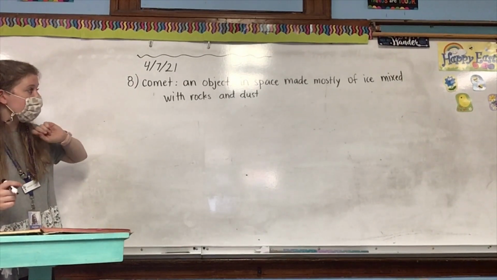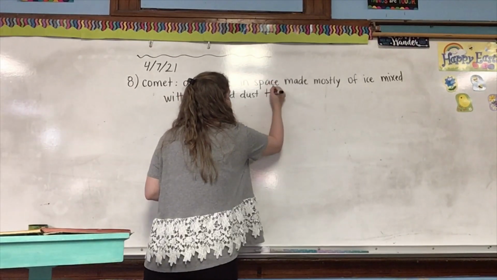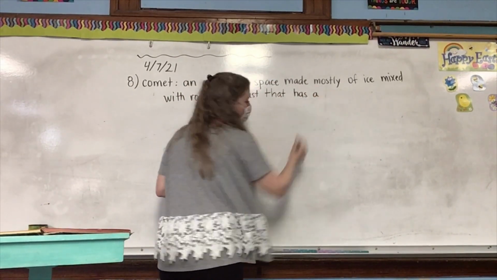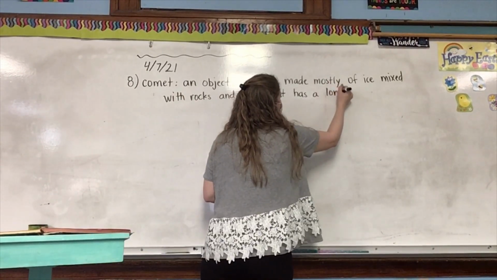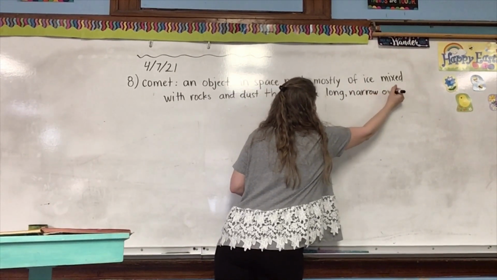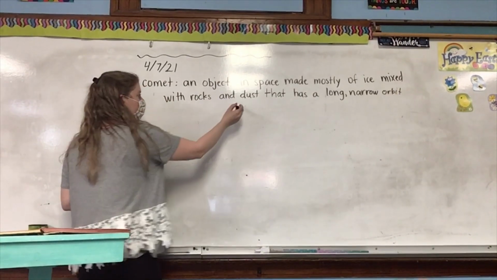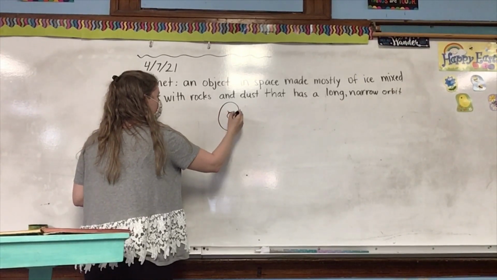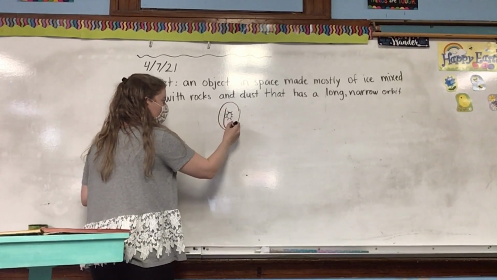So, it's an object in space made mostly of ice mixed with rocks and dust that has a long, narrow orbit. And what that means is instead of the other planets having an orbit that's kind of like this, a comet has an orbit like this.